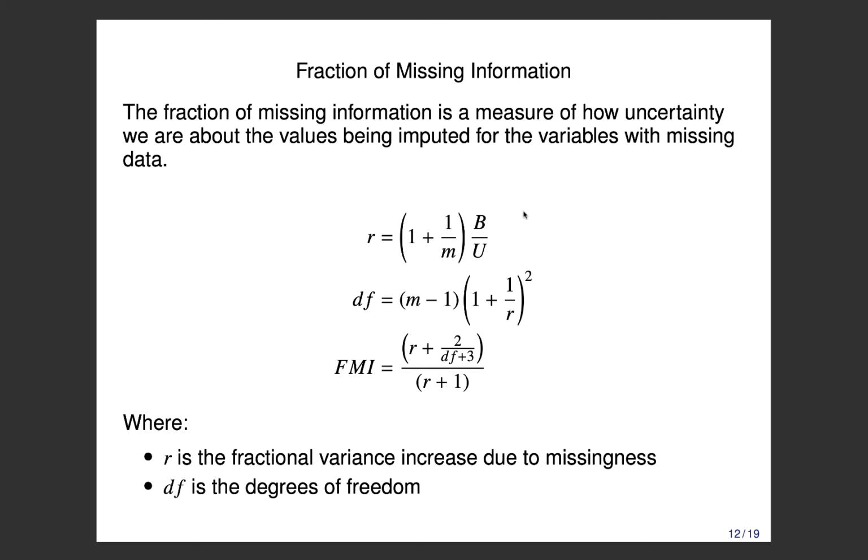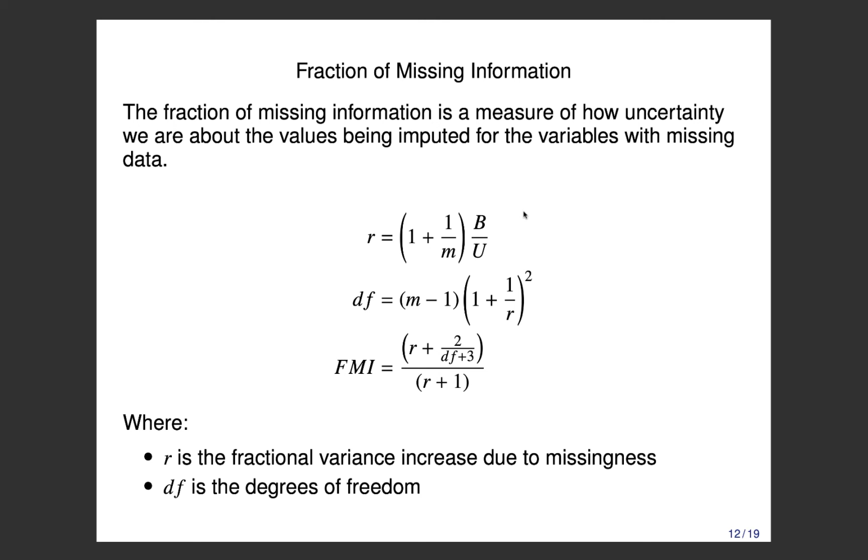There's one other measure that we can calculate that we'll actually see in the output later on, and that's the fraction of missing information. This is a measure of how uncertain we are about the values being imputed for the variables with missing data, and how that uncertainty propagates through to our model parameters. So the fraction of missing information requires us to know two things. First, the fractional variance increase due to missingness.